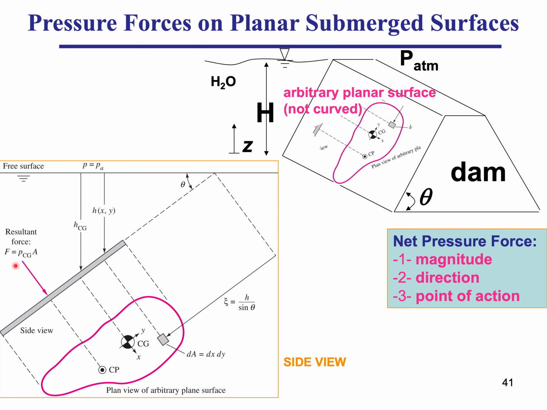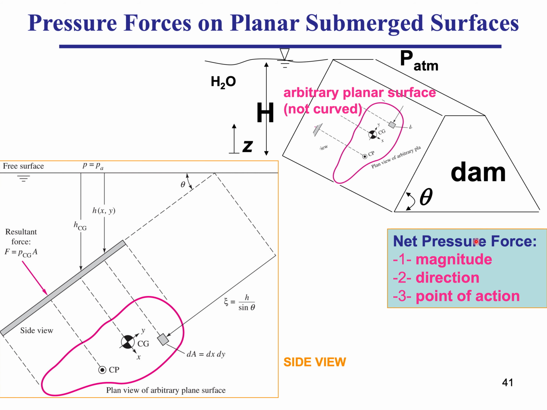So that's the net force. And we will see that the center of pressure is going to be at a greater depth than the center of gravity. So this is hcg, and this would be the depth of submersion of the center of pressure. The center of pressure is always going to be deeper, as we will see.